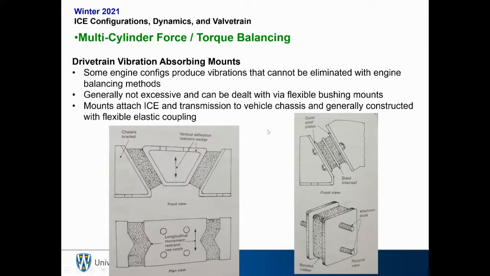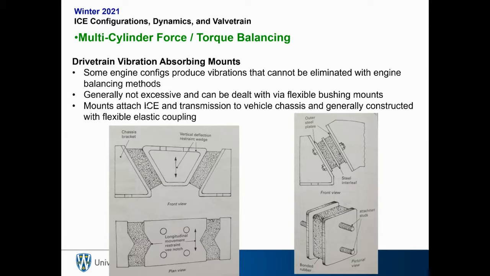And then finally, this is to balance the vibrations, but we still have to connect the engine to the vehicle chassis and/or body in some way. And there are some engine configurations that no matter what you do, you can't eliminate all balancing issues. And most of the time it's not worth trying to figure out all the balancing issues.